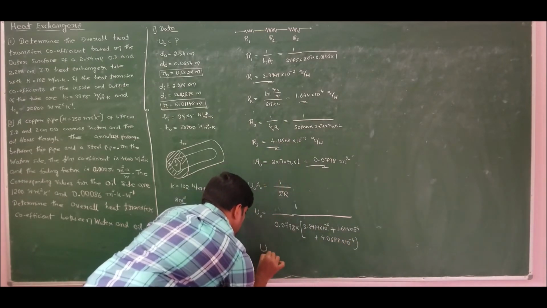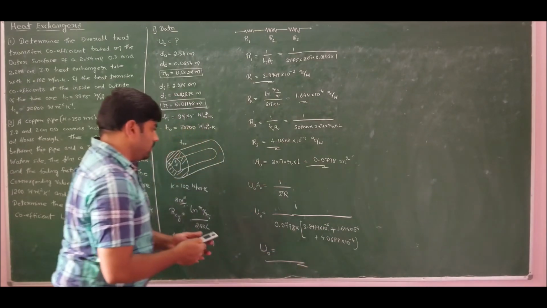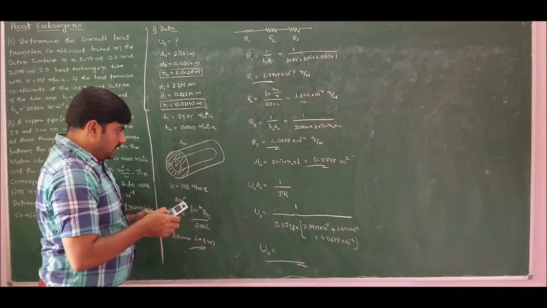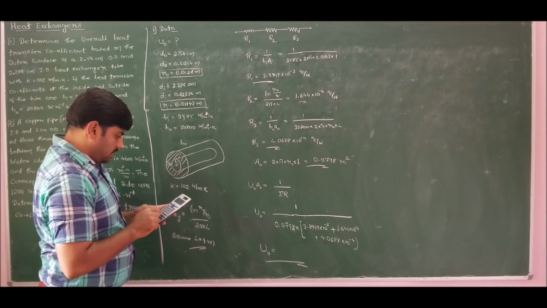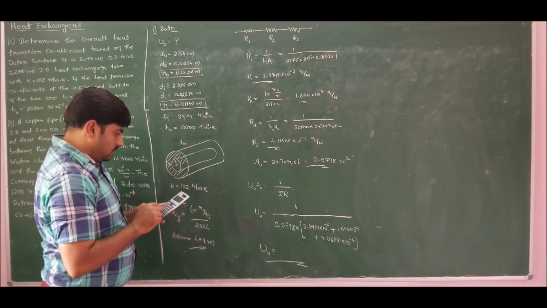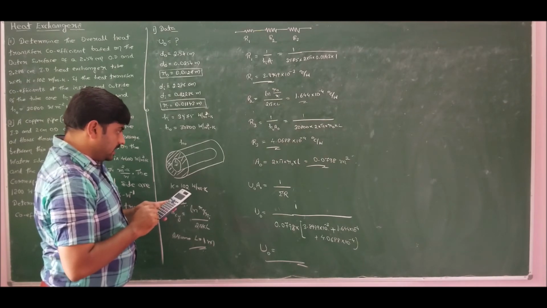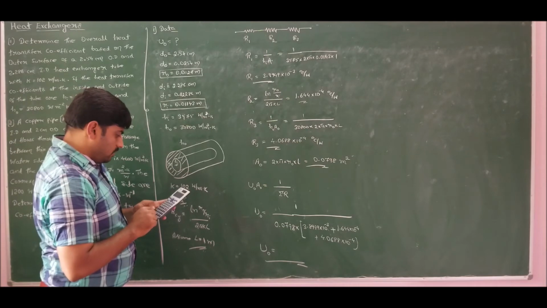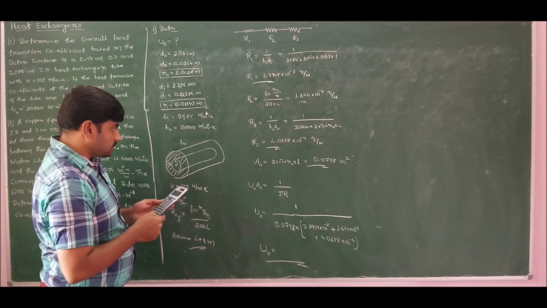So if I solve, I will get the answer for this problem as 1 divided by 0.0798 into 3.8949 into 10 to the power of minus 3 plus 1.644 into 10 to the power of minus 4 plus 4.0688 into 10 to the power of minus 4.